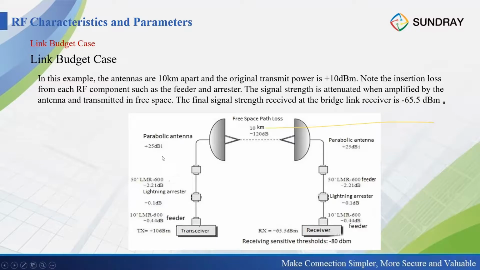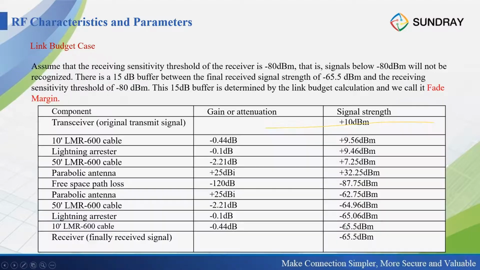And this antenna is a parabolic antenna, which is 25 dB, the same on the other side, with the receive antenna gain, and so we have the calculation in the table.